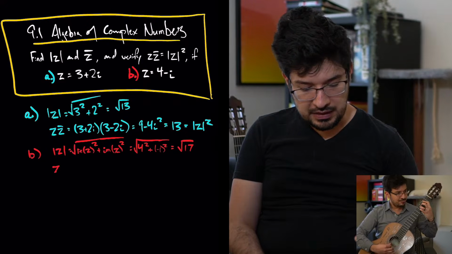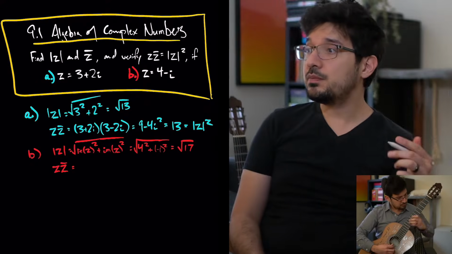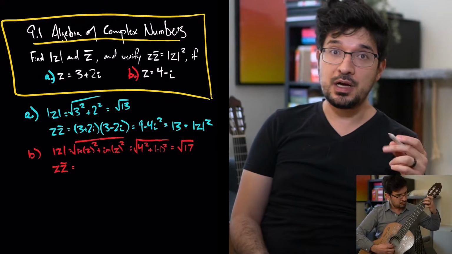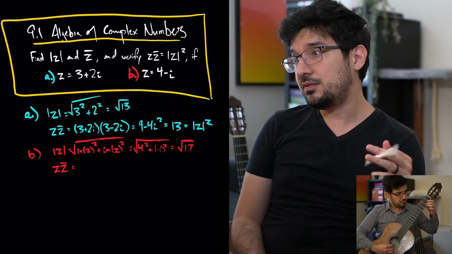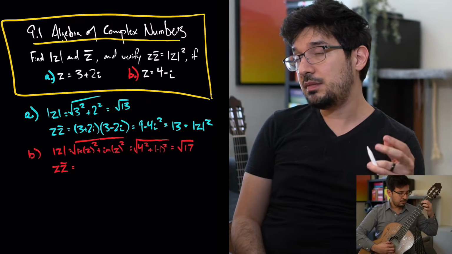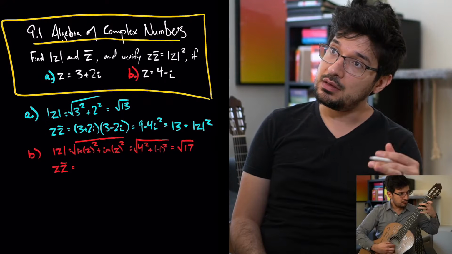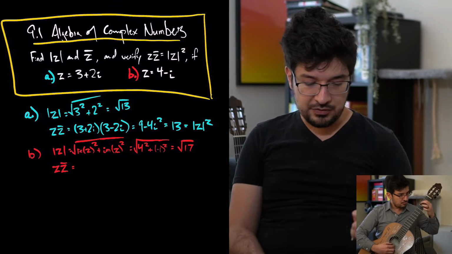Then z times z conjugate is, yeah, it's just simple right now, just the very beginnings of complex numbers. So the conjugate of complex numbers, and the absolute value of complex numbers, I guess, like the magnitude and the conjugate. Fairly straightforward right now.